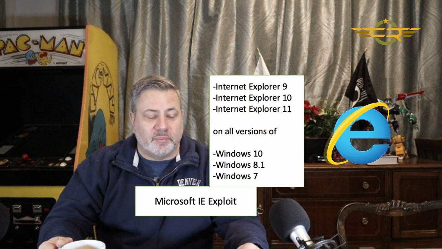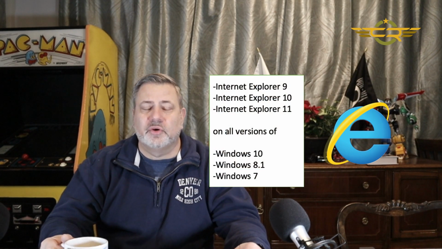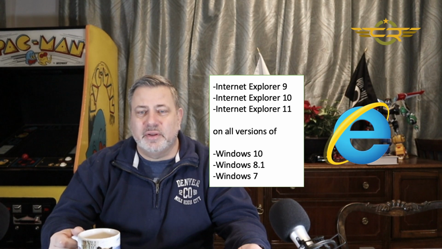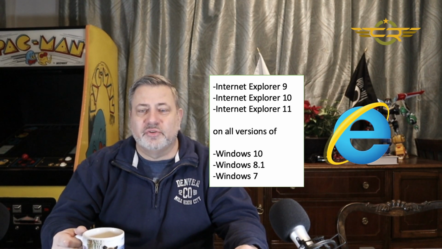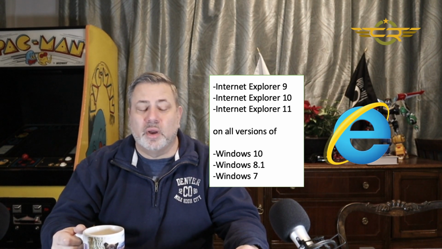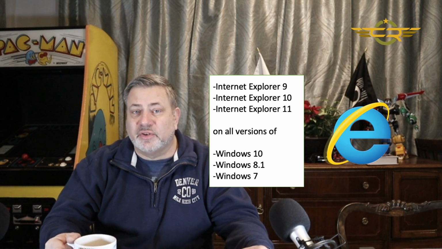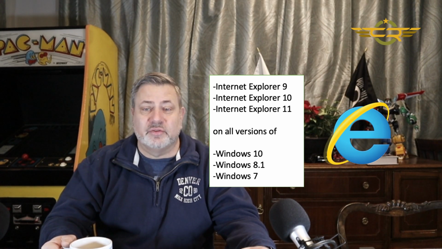It is vulnerable on a number of systems. So Internet Explorer 9, 10, and 11 are vulnerable on versions of Windows 10, 8.1, as well as the older 7 that is not being supported any longer. This is an emergency security advisory from Microsoft because it will allow arbitrary remote code execution by an attacker.